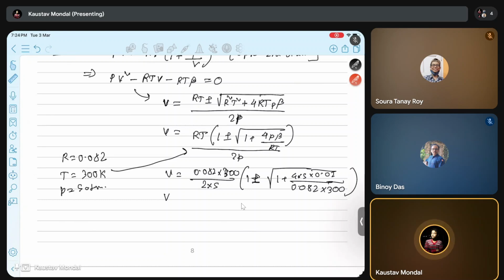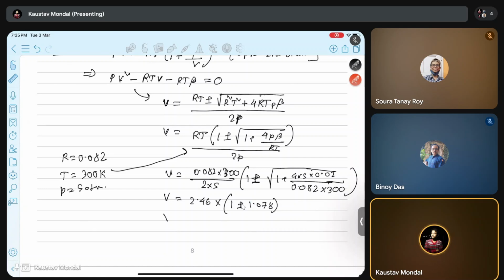If you calculate this, V will become 2.46 into 1 plus or minus 1.072. You simply cannot take the negative term, because then the whole volume will become negative, as 1 minus 1.072 is negative.